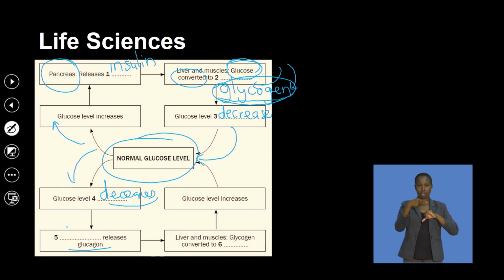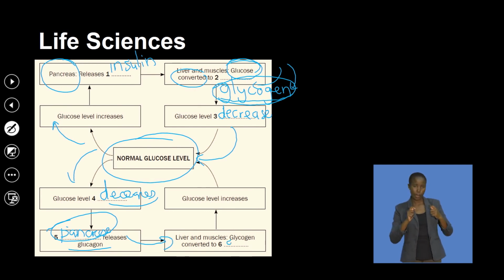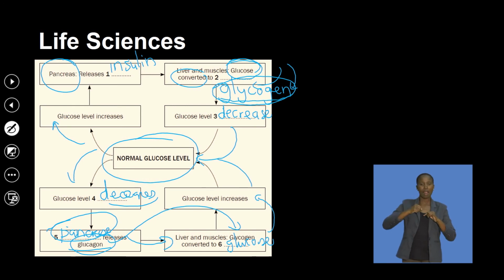And so the pancreas releases glucagon, and you've got the alpha and the beta cells that play an important role in this process. And the glucagon is the hormone that helps to convert glycogen back into glucose. And so your glucose levels then increase, bringing the blood sugar levels back to normal.